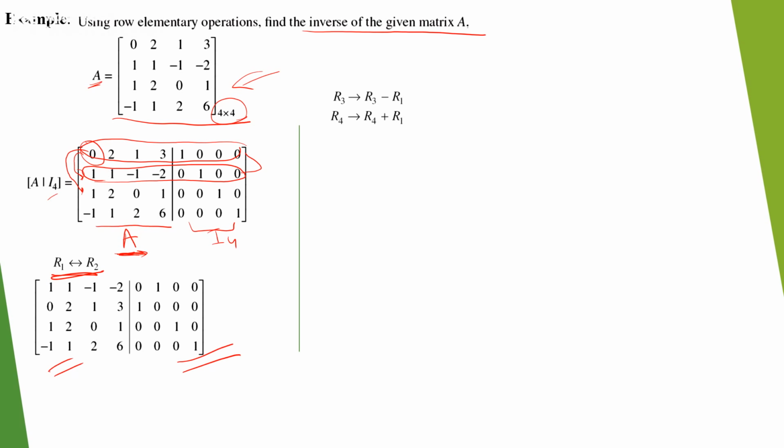this. Now the first element of the first row is 1, and below that the elements should be 0. So here we note that the first element of the third row is 1, and the first element of the fourth row is minus 1. So to make them 0, we apply the operations R3 minus R1, and R4 plus R1.